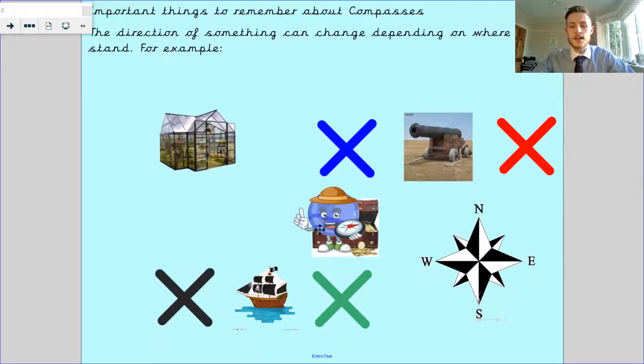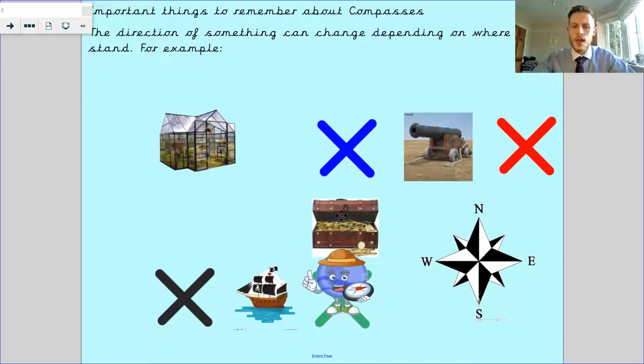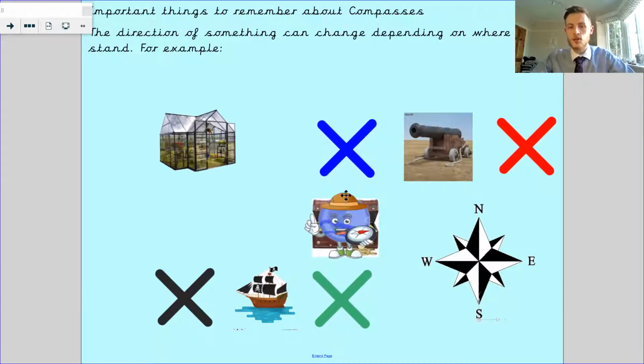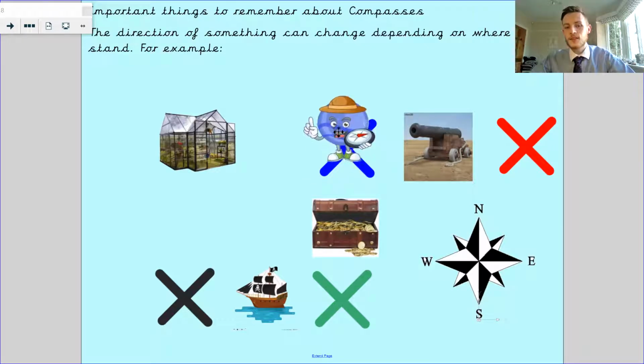What if I stand on the green? Where is the treasure chest? It's north. But if I stand on the blue, where is the treasure chest now? It's the S now. That's south.